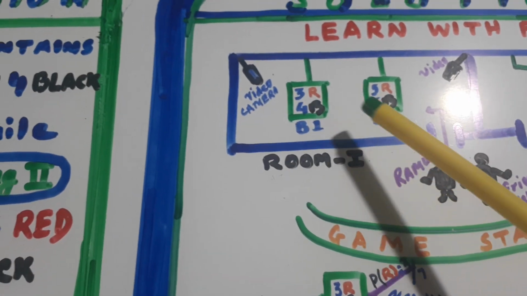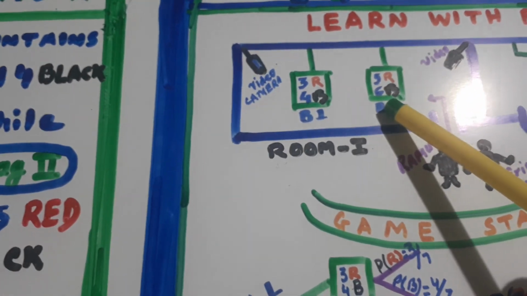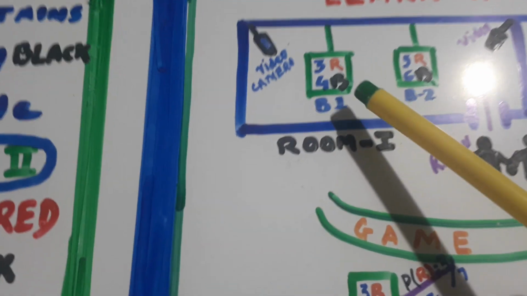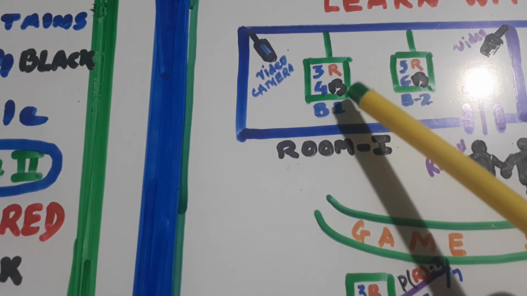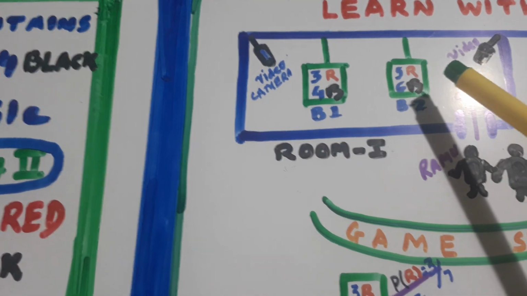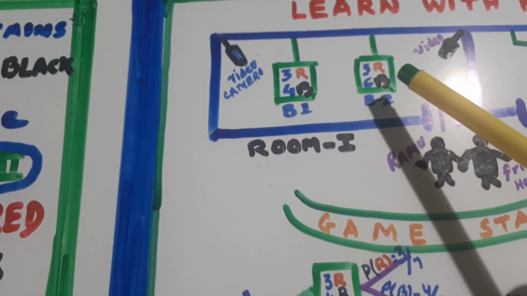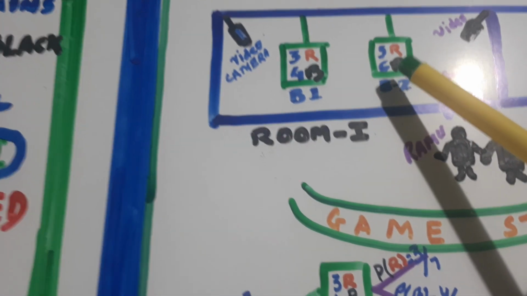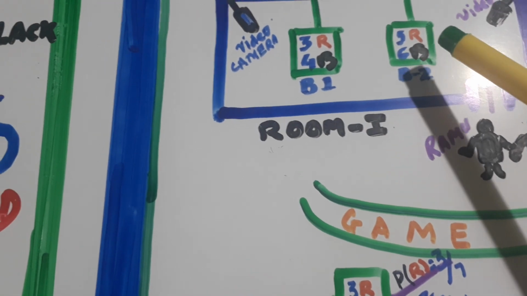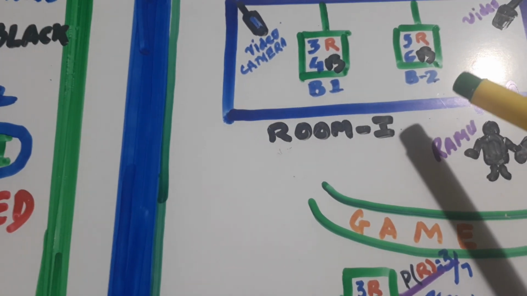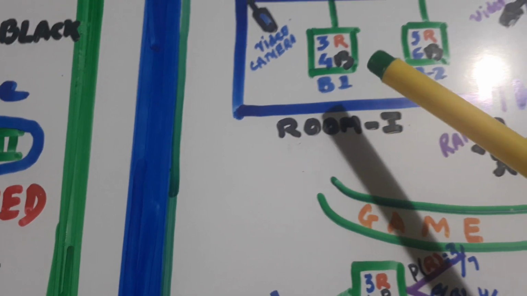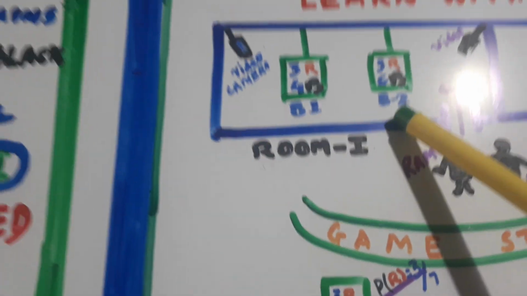Bag number 1, bag number 2. Bag number 1 contains 3 red and 4 black balls. Bag number 2 contains 3 red and 6 black balls. So, this is bag number 1, B1. This is bag number 2, B2.